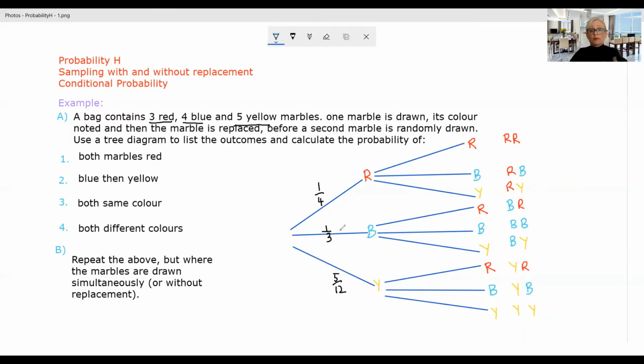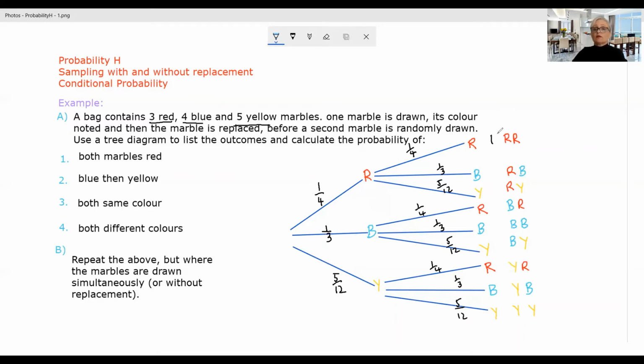Now, because we're putting the first one back in, the second time round, the probabilities are not going to change. So we're going to get a quarter, a third, 5/12 each time.